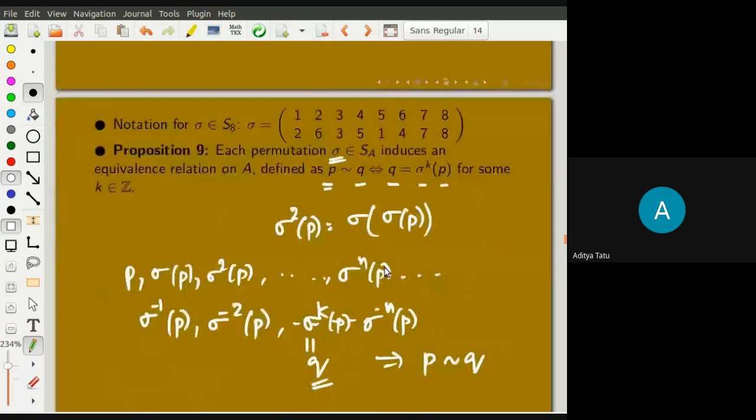So, for example, in this case, can you find the equivalence classes? This example. What would be the equivalence classes?